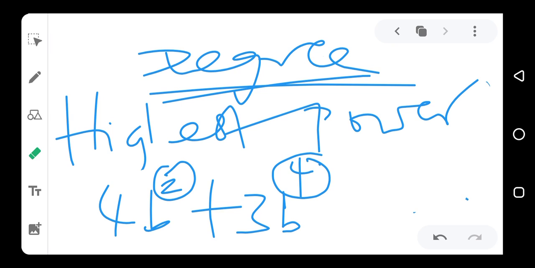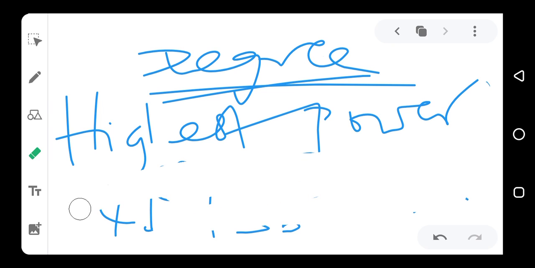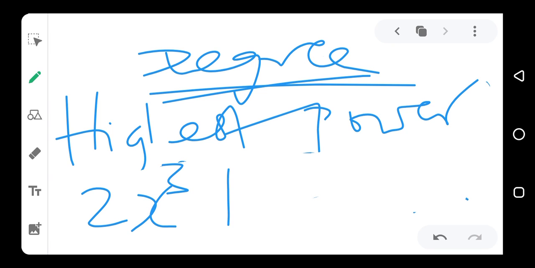Remember that the variables can be the same or they can be different. We can have 2x raised to power 3 plus 5b raised to power 2. Now here we have different variables in the same expression.